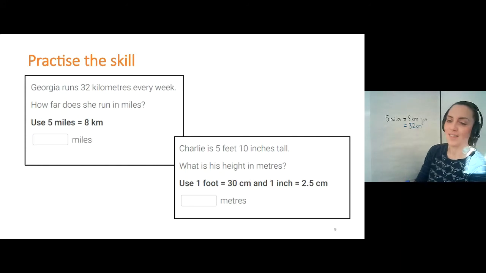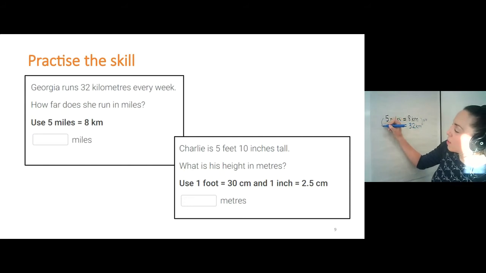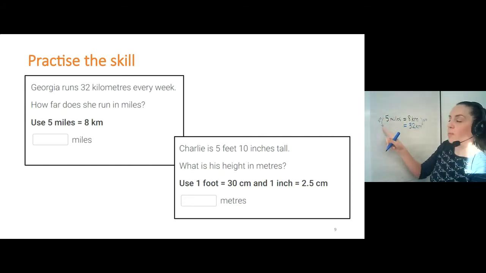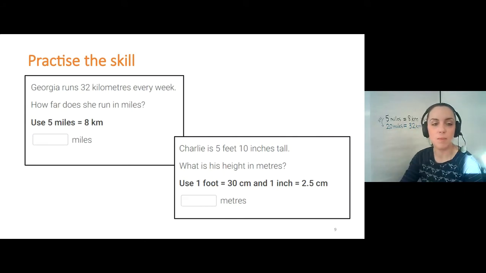Well done, Chloe. Thank you. So we've increased the kilometre side by 4, so we're going to do exactly the same to the miles. We multiply the miles by 4 as well. So 5 times 4 equals 20 miles. Do you see that method that we've been using for the last couple of weeks? We can now apply it to convert between the units as well.